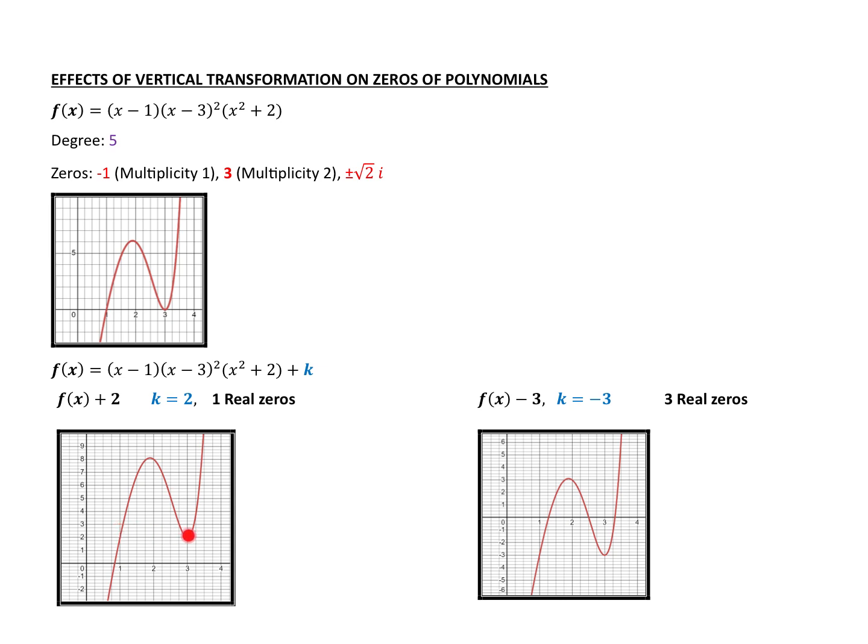At this moment, I have 1 real zero, because the others are now imaginary, just by adding that k, just moving the graph up.